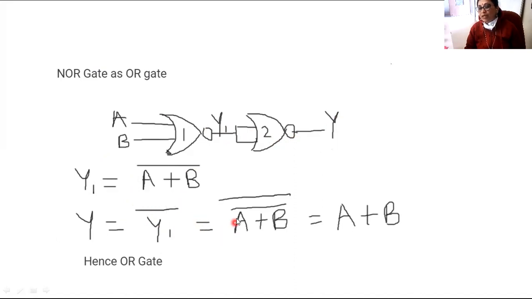So in place of Y1, we can substitute A plus B whole bar and its bar. Bar of bar is again the original quantity, and therefore what we are getting is A plus B. And what is A plus B? A plus B is the Boolean expression of OR gate, and hence we can say that this circuit acts as an OR gate. Okay, so take a screenshot of this.